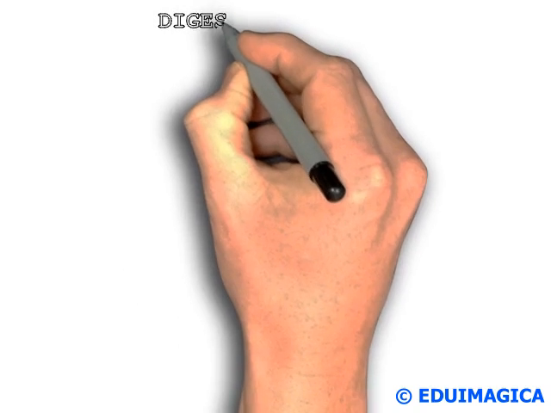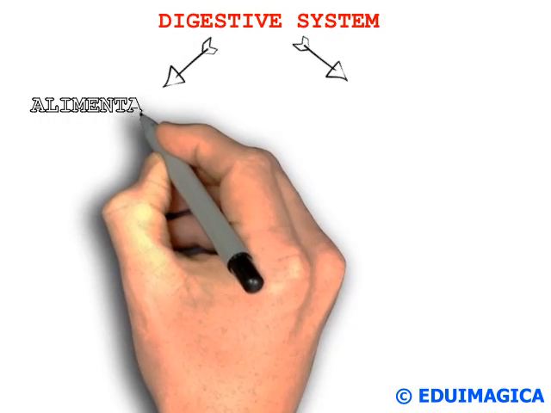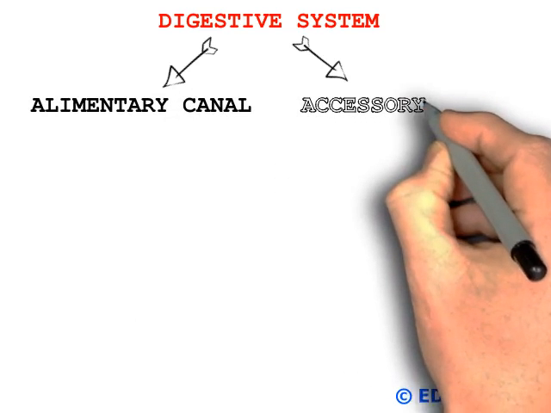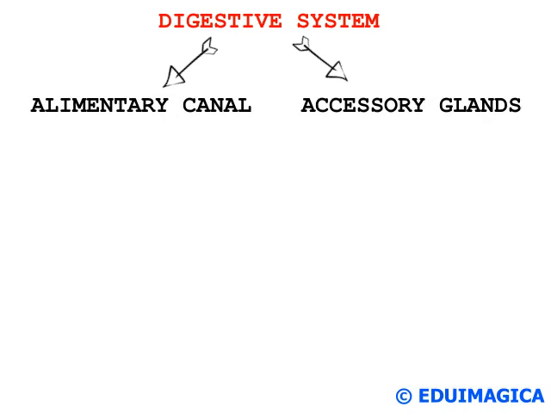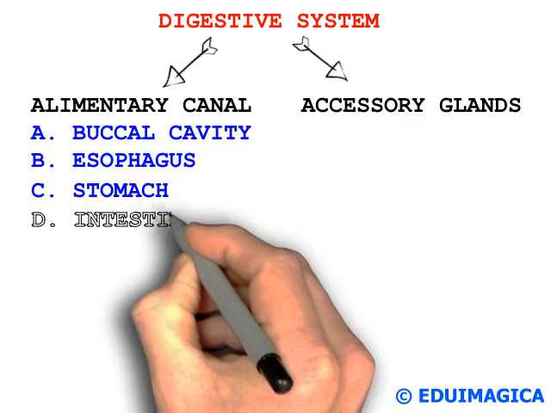Now let's talk about the parts of the digestive system. The digestive system is basically divided into two parts. We have the alimentary canal and we have the accessory glands. The alimentary canal provides the pathway for the food, whereas the accessory glands help in the digestion. In the alimentary canal, we have the buccal cavity, the esophagus, the stomach, and the intestine.